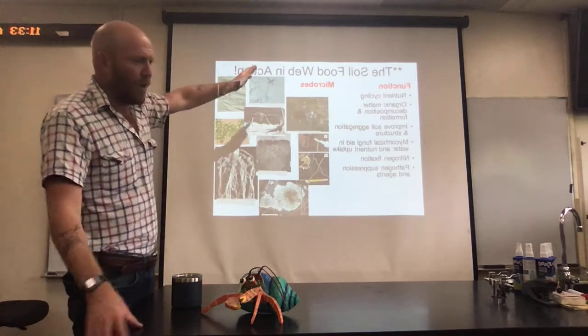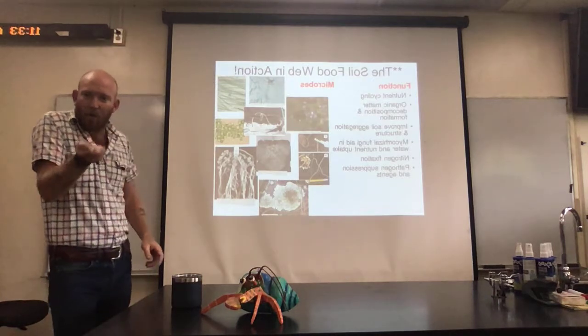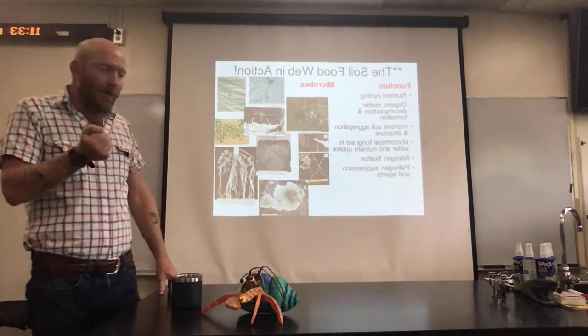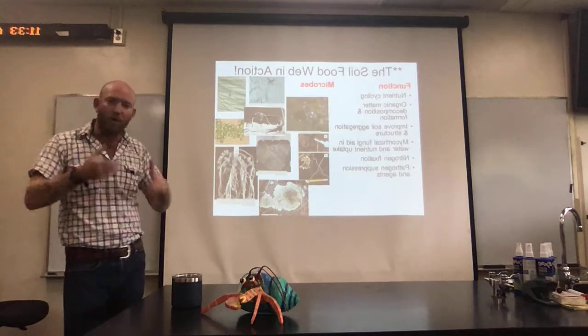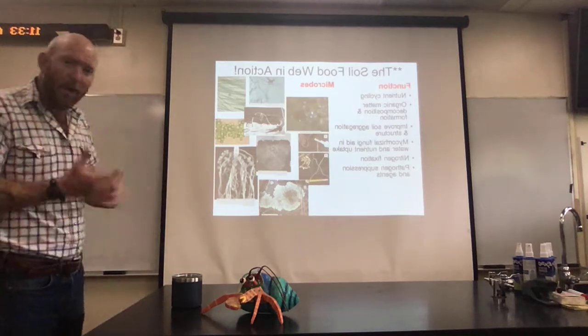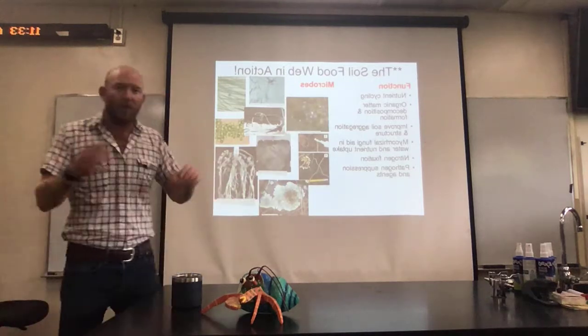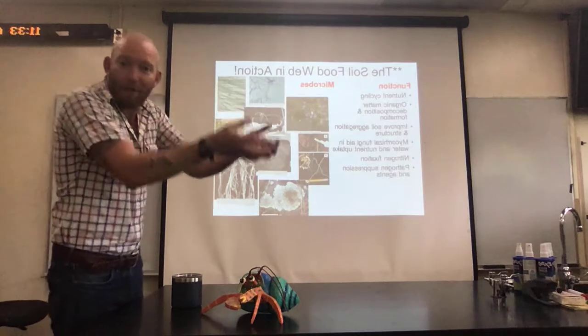Like we said, there's millions and millions of these things in a gram of soil, and there are millions and millions of communities. They're all not the same bacteria, so they're all doing different things, and in different amounts of different communities, you get an overall different effect.